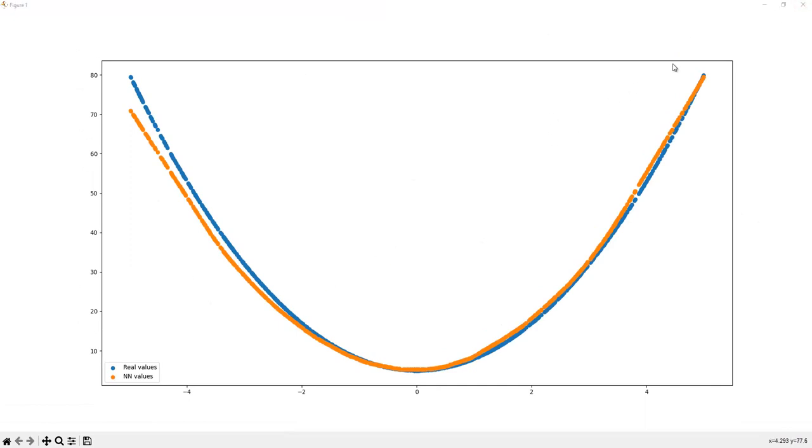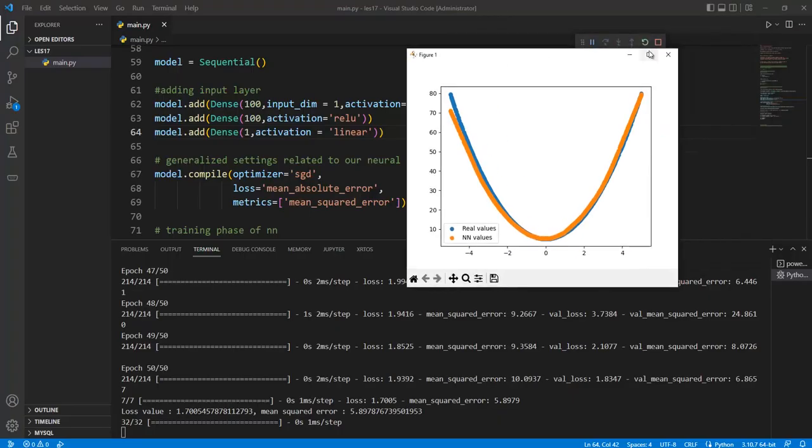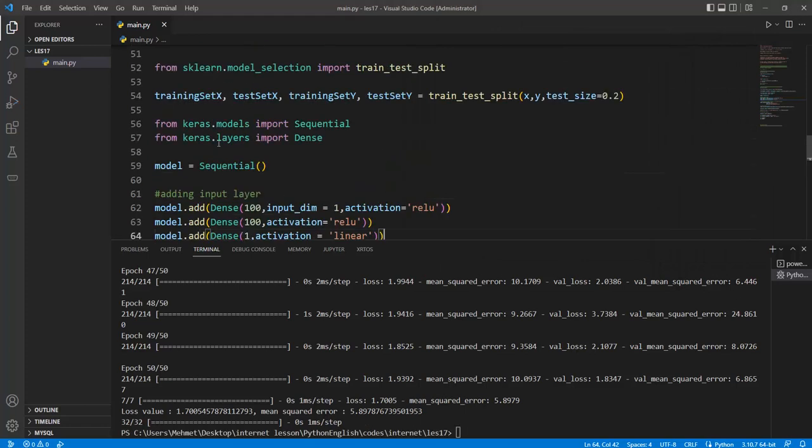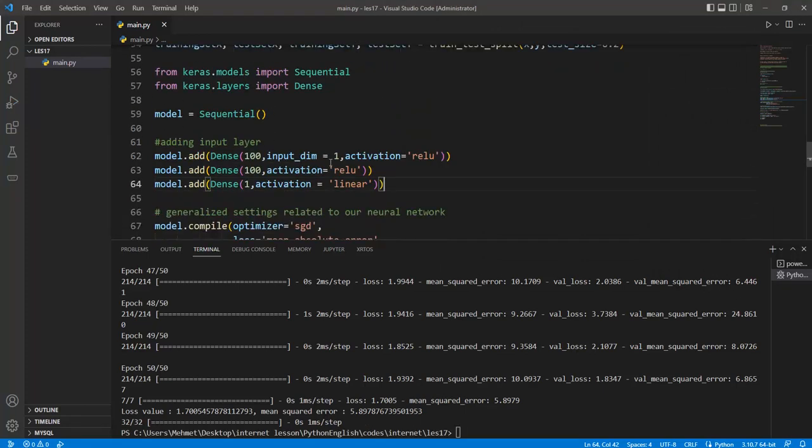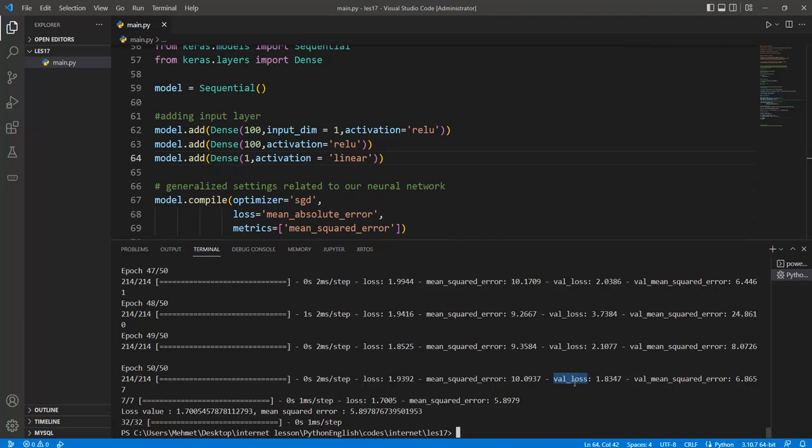Or you can define a for loop until the condition of the validation loss is smaller than 0.5, and so you will find the correct number of neurons and hidden layers at this moment, okay? That's enough for this lesson.